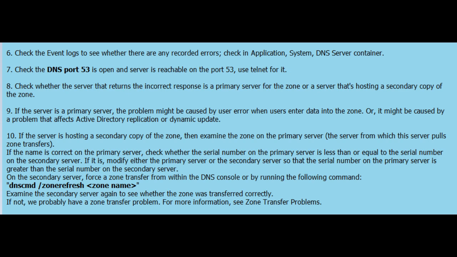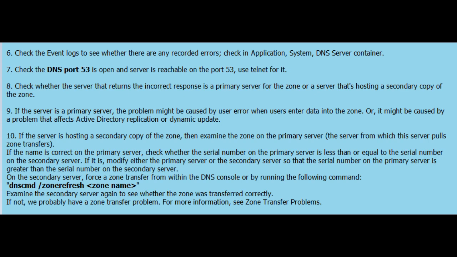If the name is correct on the primary server, check whether the serial number on the primary server is less than or equal to the serial number on the secondary server. If it is, modify either the primary server or the secondary server so that the serial number on the primary server is greater than the serial number on the secondary server.